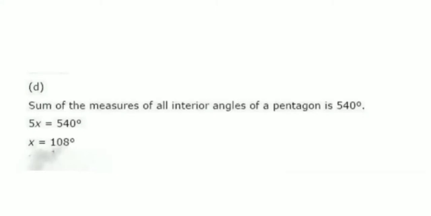Okay. Now let's see the question number 7. First one. Here two angles are given, 90 degree and 30 degree. We have to find the value of x, y and z. Okay, so this x plus 90, this is a linear pair.